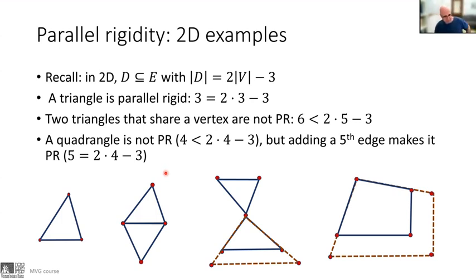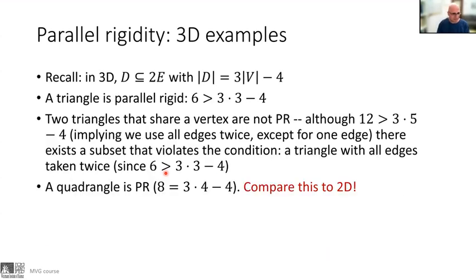No, thanks. Okay, let's see examples in 3D. A triangle is parallel rigid. Maybe I should say first: now we can use every edge twice if we want, either once or twice, and the size of the set should be 3 times v minus 4.